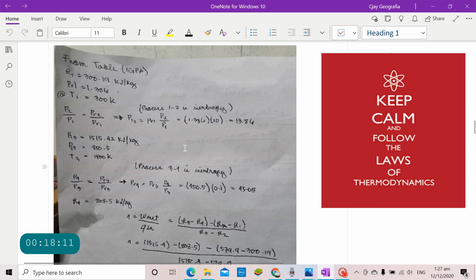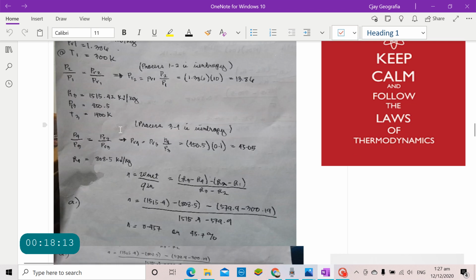Manipulate to get the answer, until you solve for the PR3, I mean for PR4, so that you can get the H and the T temperatures.